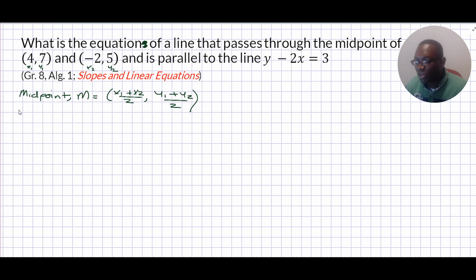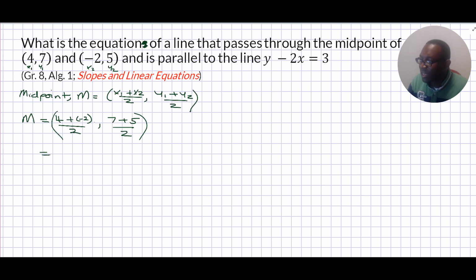Generally, when you're looking at the midpoint, you're looking at the average of a set of points. So the midpoint here is going to be (4 plus negative 2) over 2, comma, (7 plus 5) over 2.